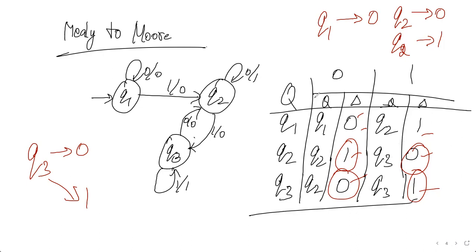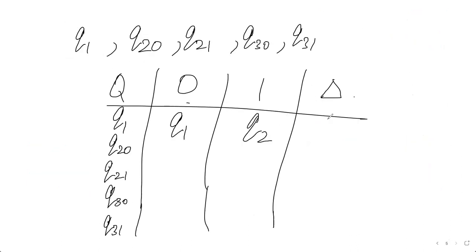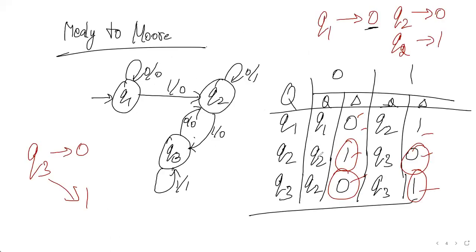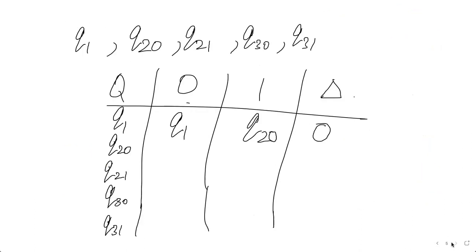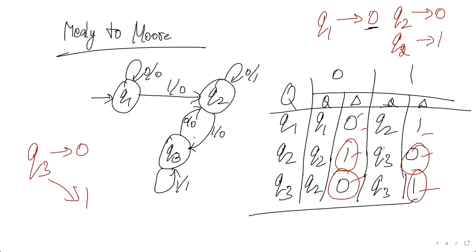First of all, check: Q1 is associated with which output? 0. So here it is 0, right? Since here it is 0, we will have this here. Now Q2 goes to what? This is Q20. Just a second. Am I making a mistake?